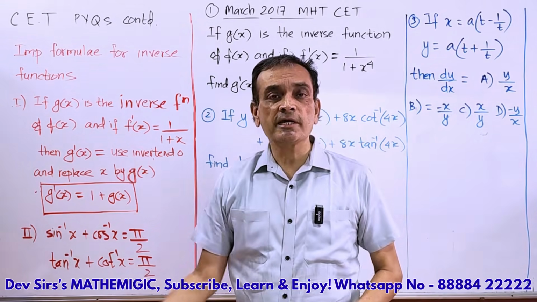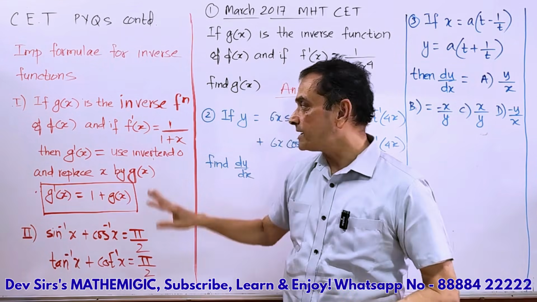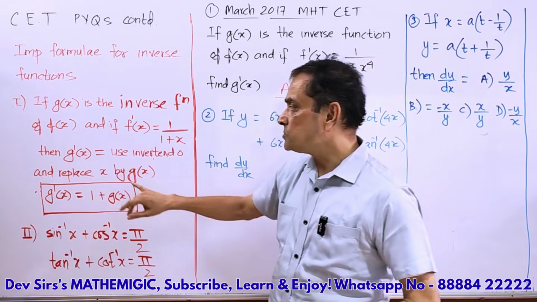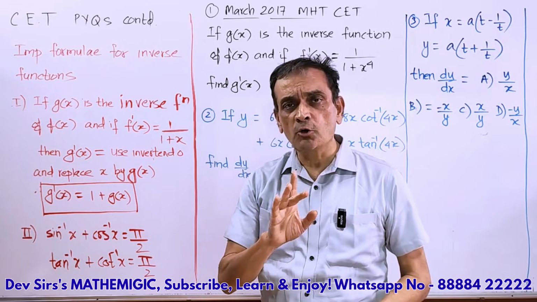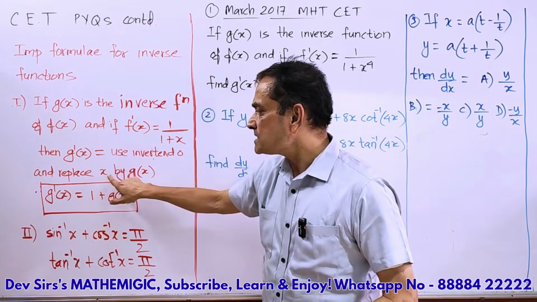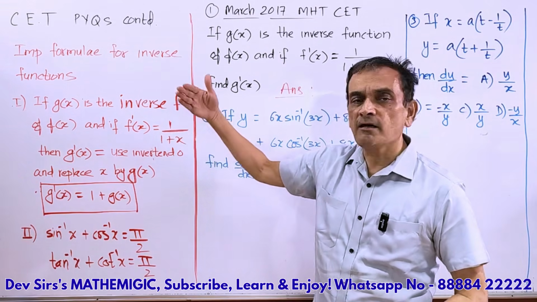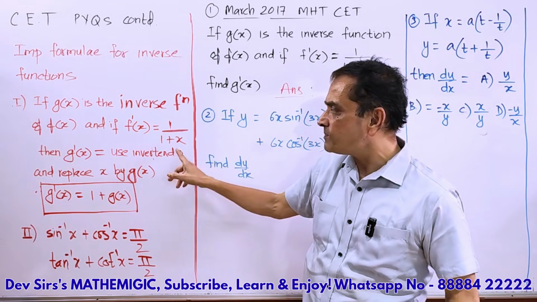So one function is the inverse of the other, and if the derivative of one function is given like f dash x, then how do you remember the formula for g dash x? Use invertendo for this and replace x by gx. Use invertendo means take the reciprocal and just replace x by gx.